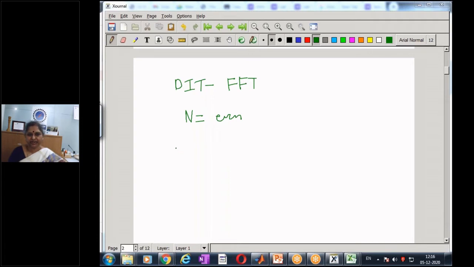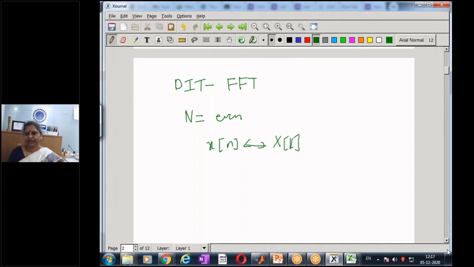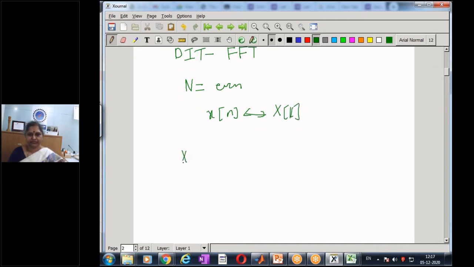What we know is, if I have a sequence x of n, and it has a discrete Fourier transform x of k, this x of k is given by sigma n equal to 0 to n minus 1, x of n e to the power of minus j 2 pi nk by n.